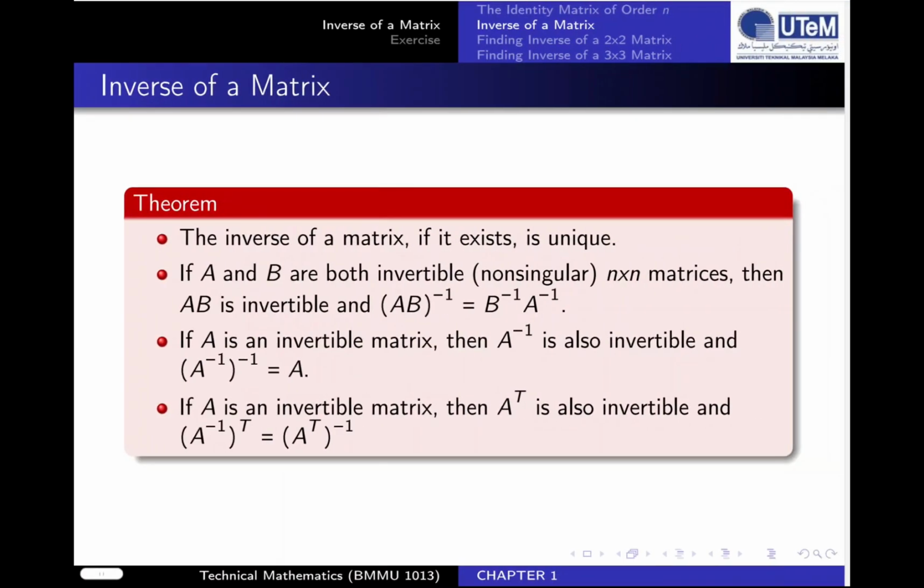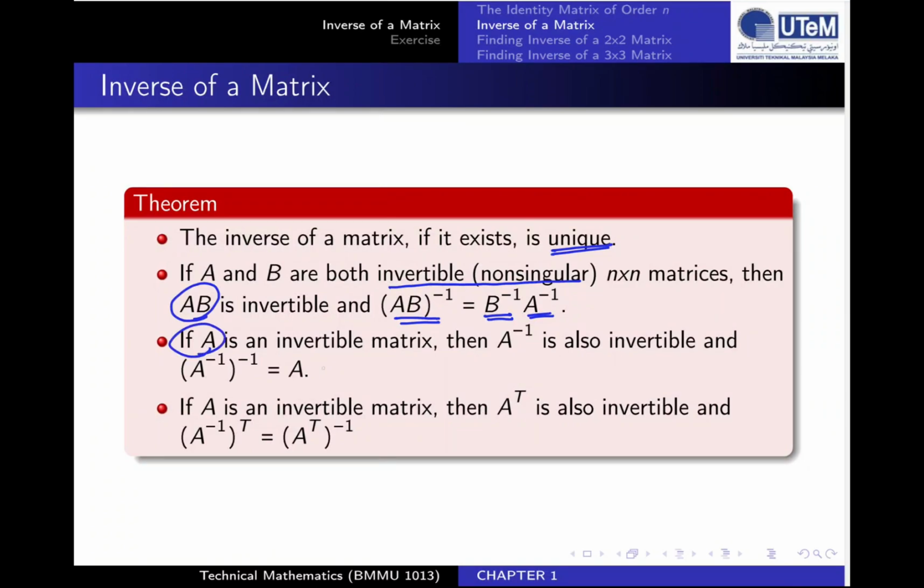Next, what are the theorems of the inverse of a matrix? The inverse of a matrix, if it exists, is unique. If A and B are both invertible or non-singular, then A times B is invertible and (AB) inverse equals B inverse times A inverse.